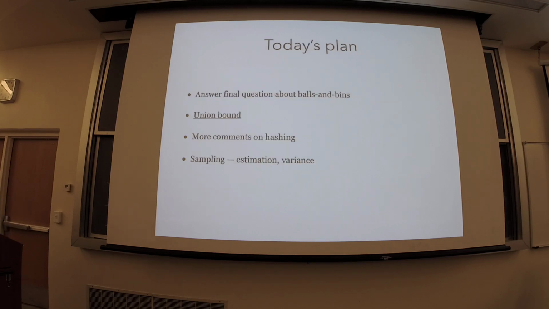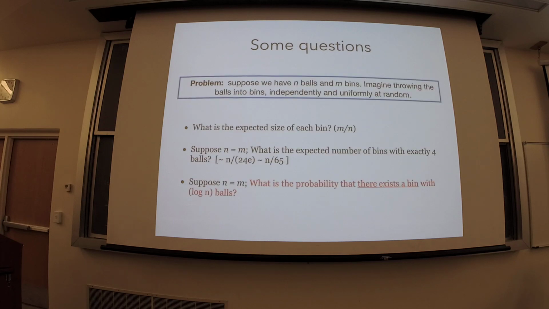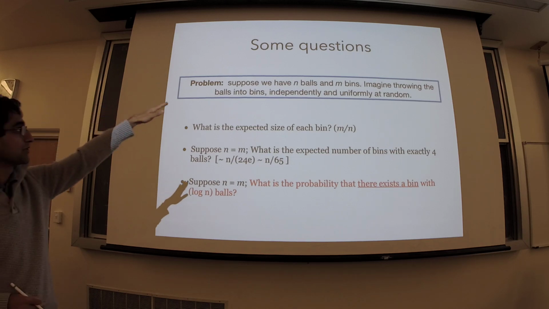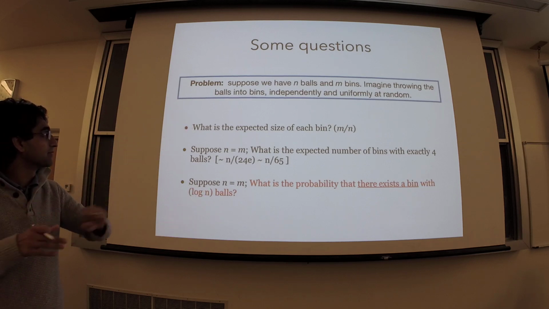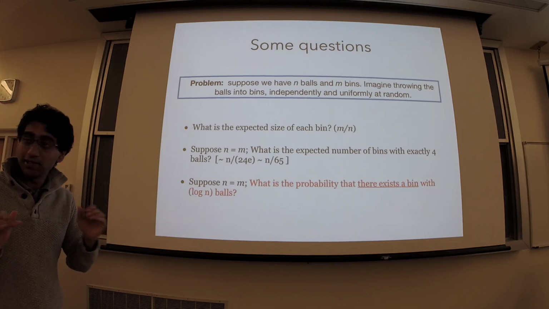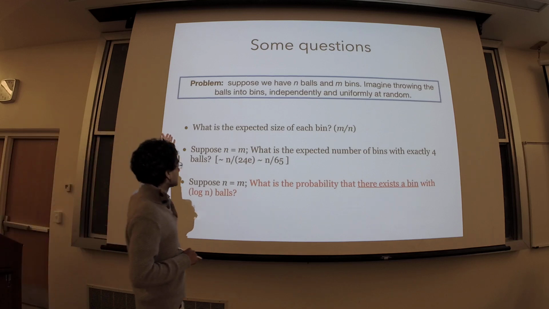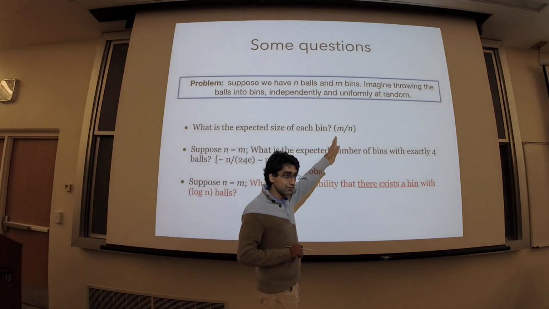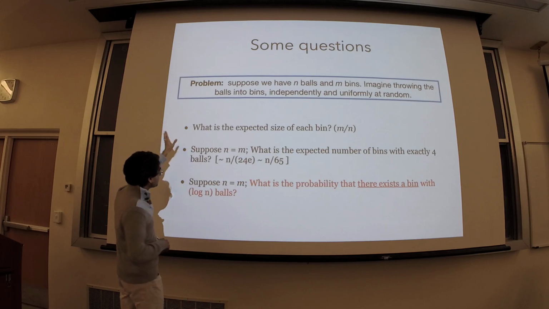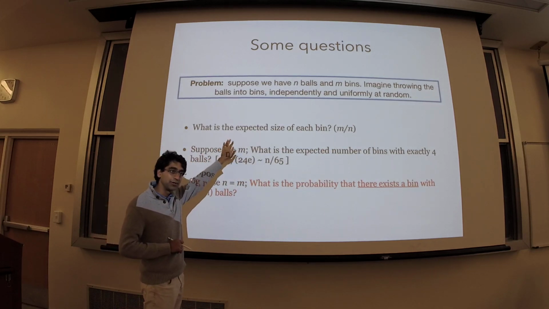Okay, so actually, any questions about last time before we move on? Okay, so these are the few questions we start off with, and we said that suppose you have n balls which are randomly thrown into m bins independently. We said that the expected size of each bin is n by m, and we were specifically interested in this case when n is equal to m.